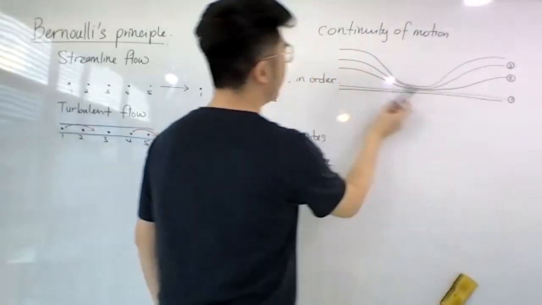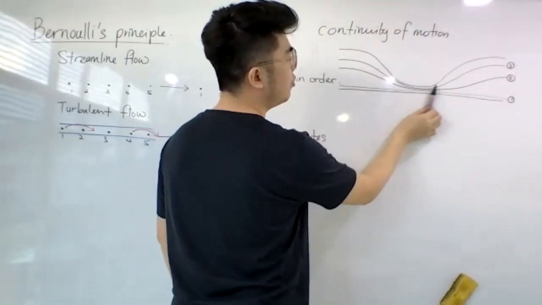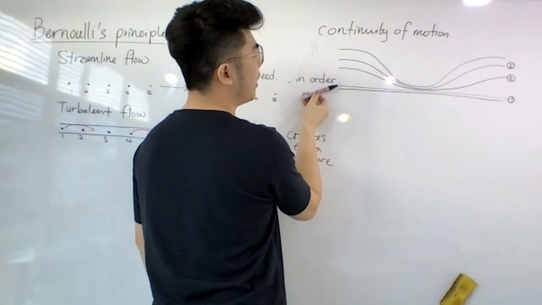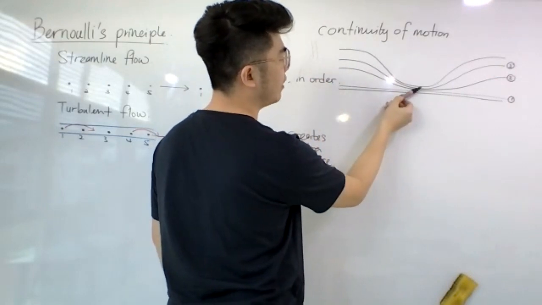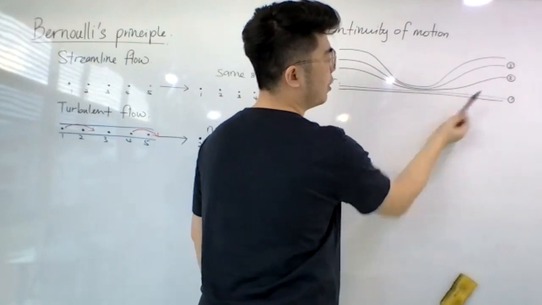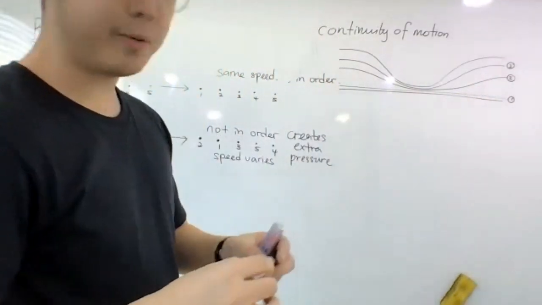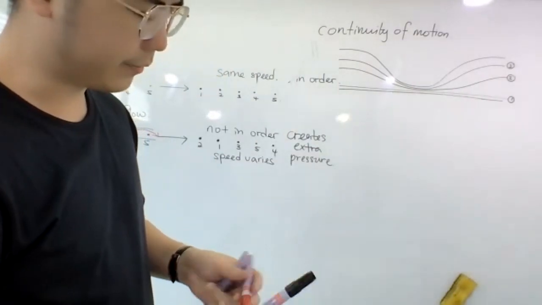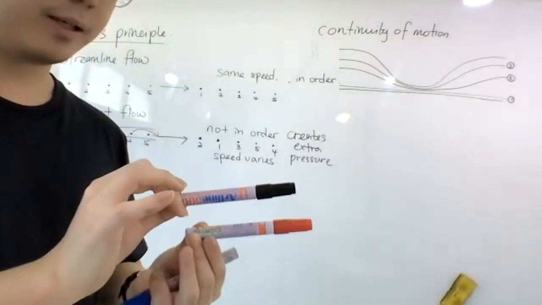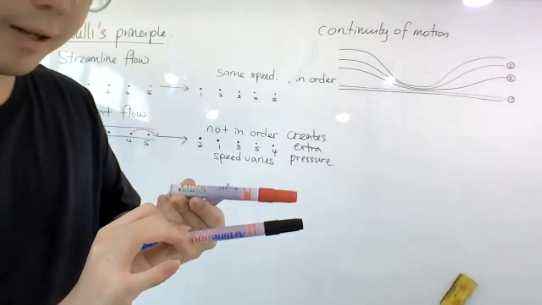We can see that before going through this channel there are three streamlines, in the middle of the channel there are also three streamlines, and outside there are also three streamlines. One streamline cannot cross the other one. The bottom one cannot come to the top like this.